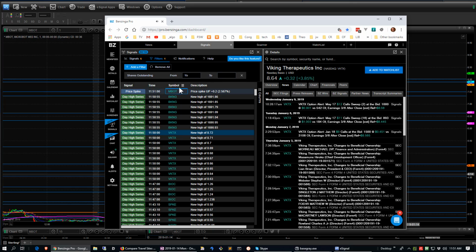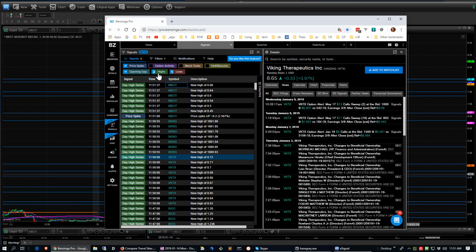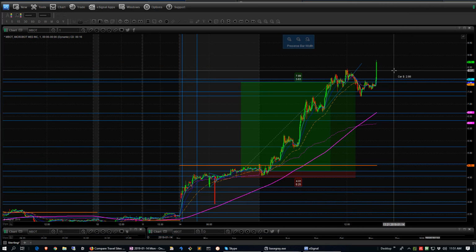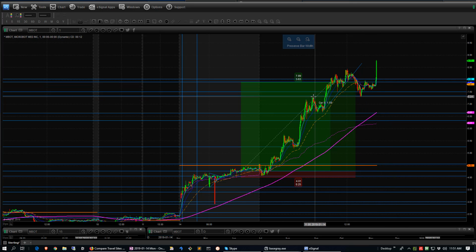MBOT. Actually, turning on some filters, if you're doing small caps, penny stocks, whatever, this might be a way to put a filter on here, which I really haven't done. Okay, so MBOT continues to crank. This is the reason why you have to be patient with regard to how far it comes back down, especially when it comes this high up.